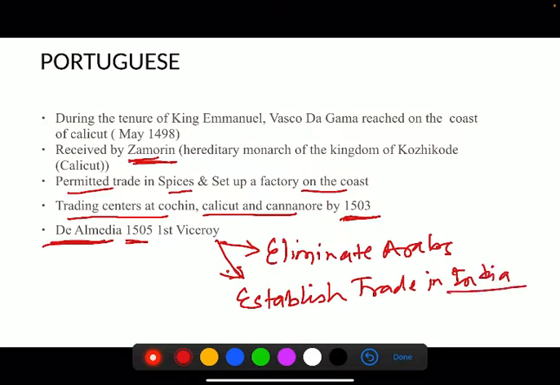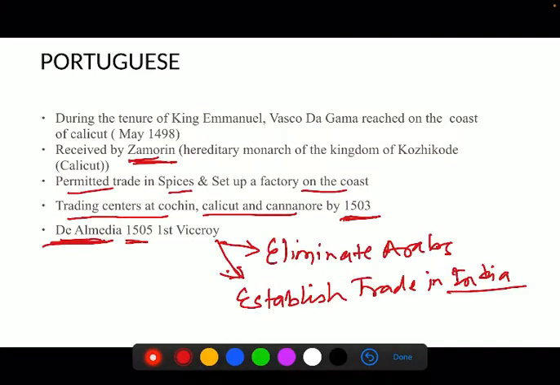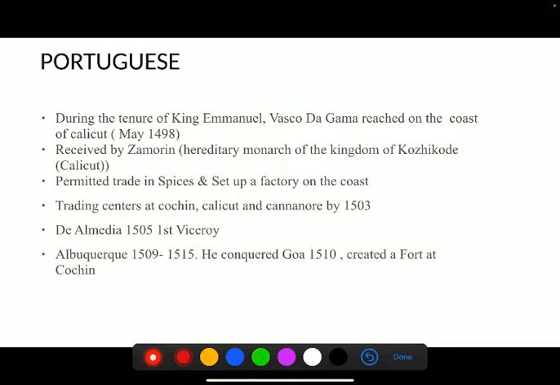This was the task of D. Almeida, the first viceroy of Portugal. After that, Albuquerque came to India in 1509 to 1515 as the second viceroy.